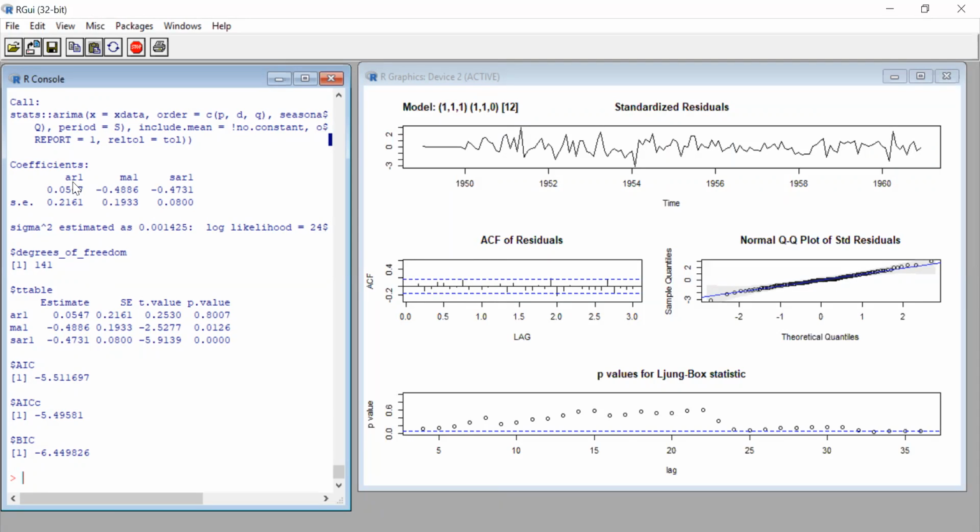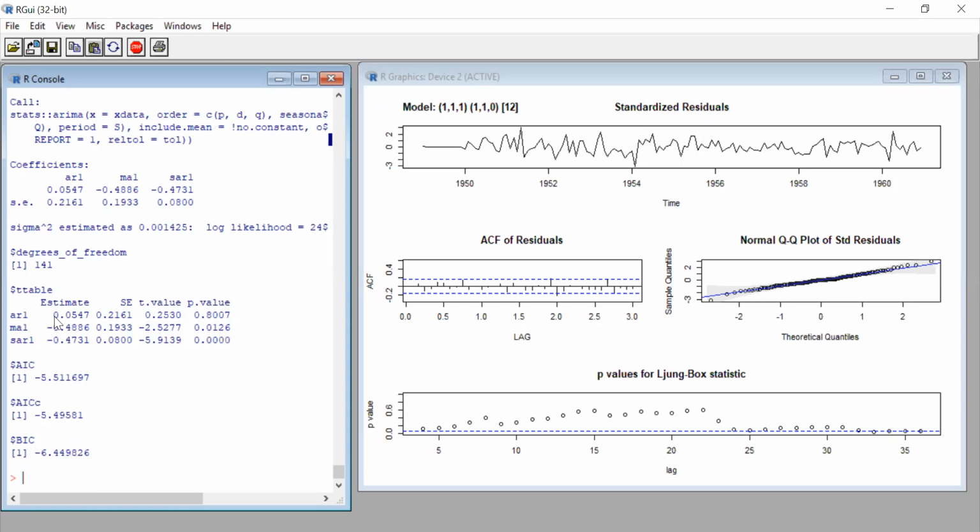So the small p is 1 here and the small q is 1 here, and this one is the seasonal ARIMA 1. It means that the capital P is equal to 1. So here are the 3 parameters, and this one is the table with the t values and p values.